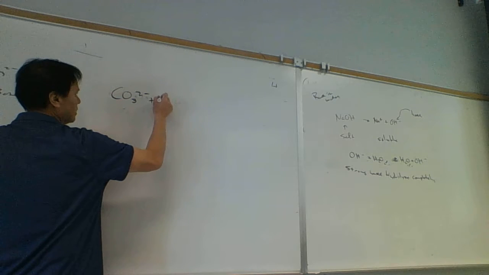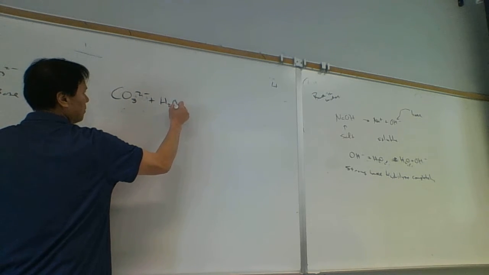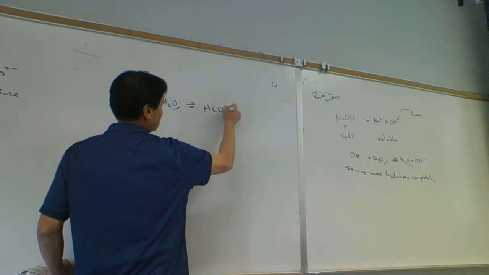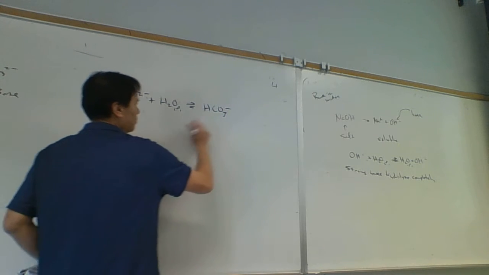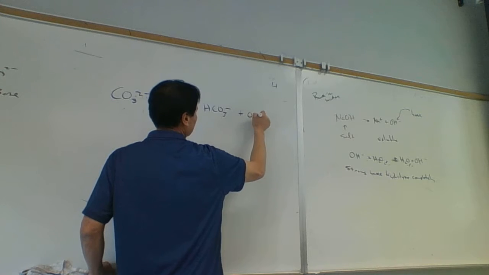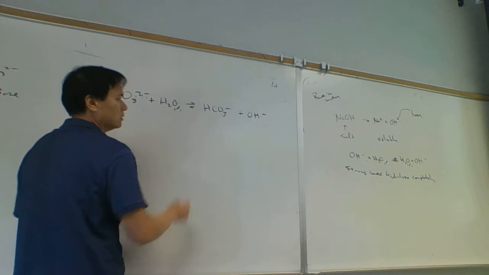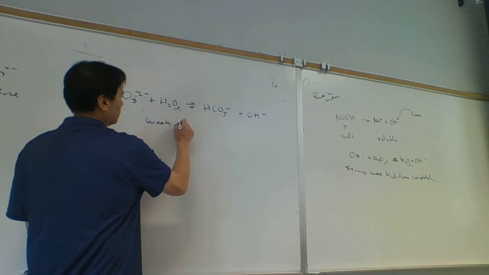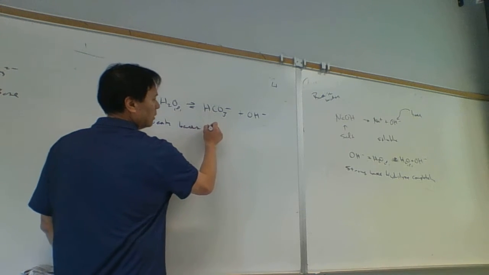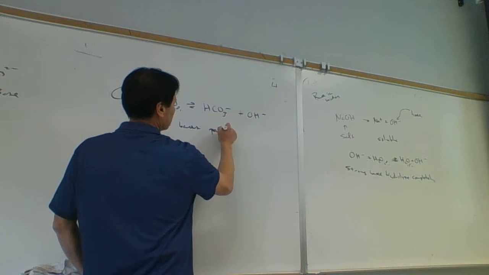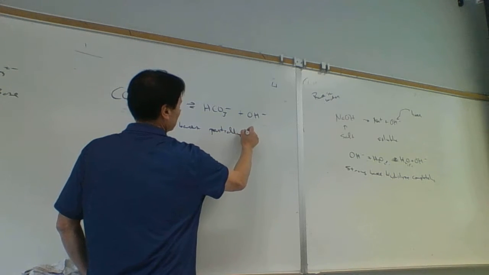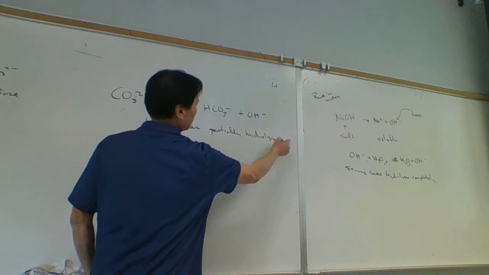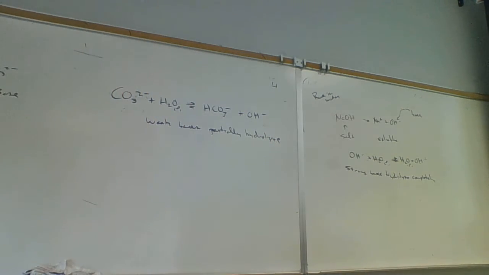If it's a weak base, then it partially hydrolyzes water. When it partially hydrolyzes, it's going to take an H plus off water, forming bicarbonate and hydroxide. So this is partial. Weak bases partially hydrolyze.